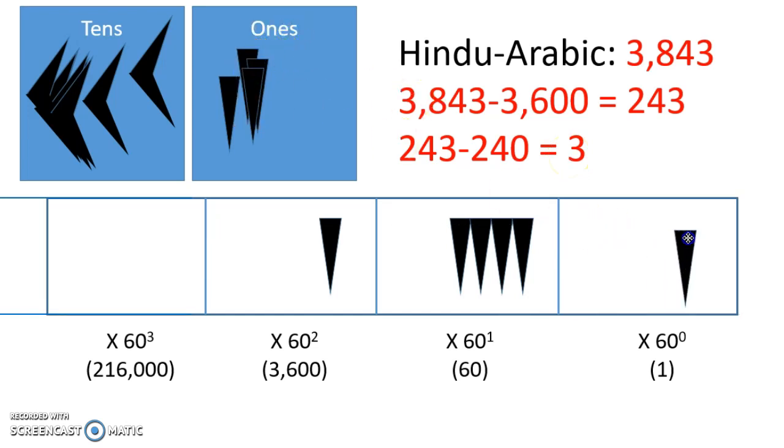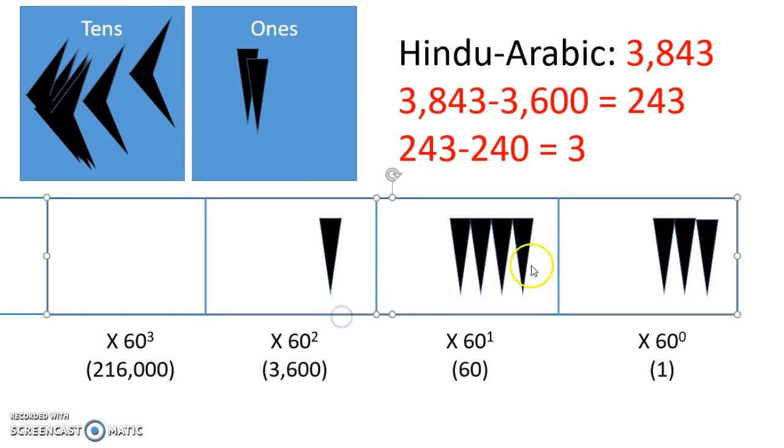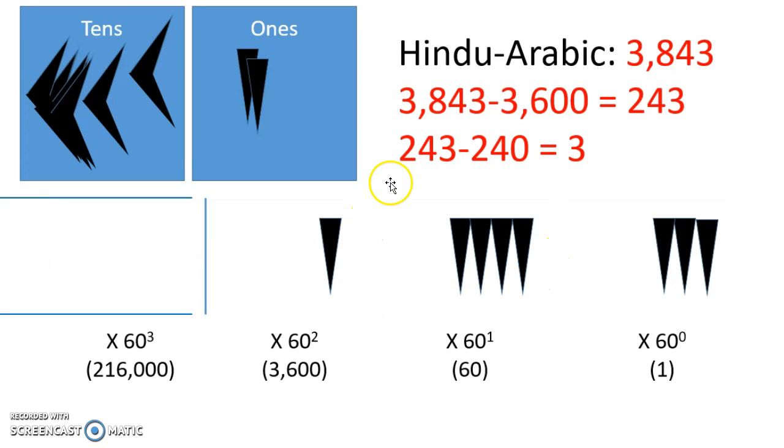So let's go ahead and put those ones in there. And that would be our number here. If we delete this, this is what 3843 would look like in the Babylonian system.